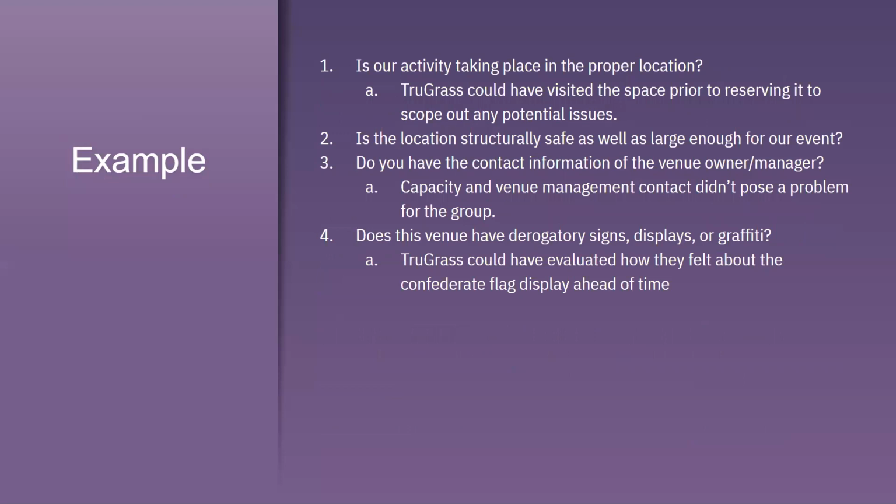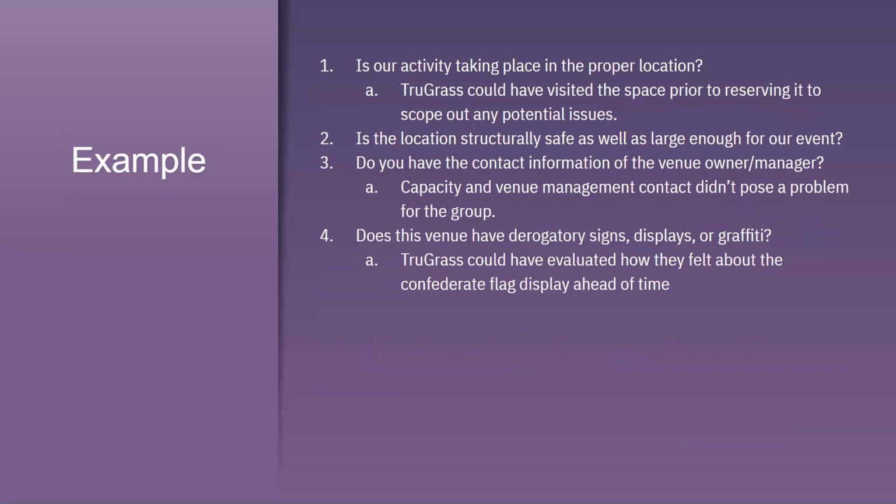Let's think through some of the facilities risks that we talked about in relation to this scenario. Is our activity taking place in the proper location? True Grass could have visited the space prior to reserving it to scope out any potential issues such as the leaking. Is the location structurally safe as well as large enough for the event?